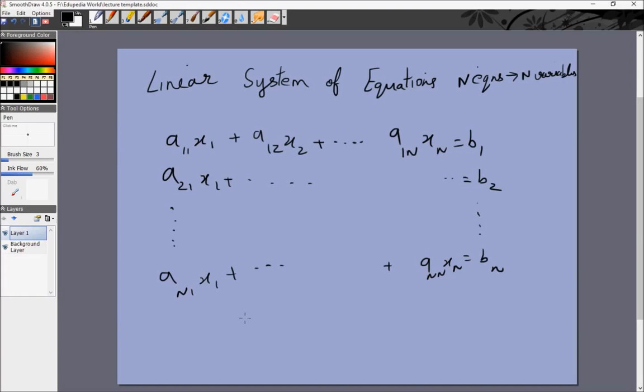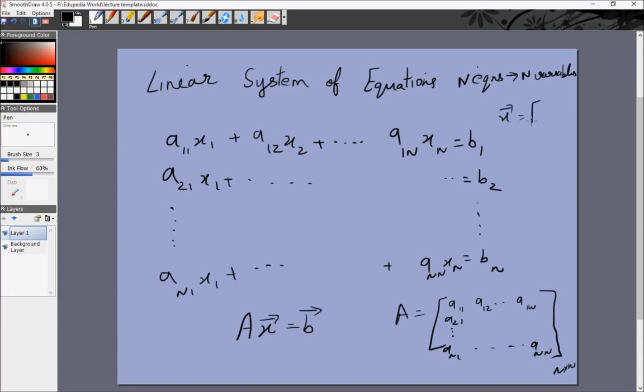This can be represented as Ax is equal to b, where A is the matrix a11, a12 till a1n, a21 till an1, and finally ann. So A is an n cross n matrix. What is x?